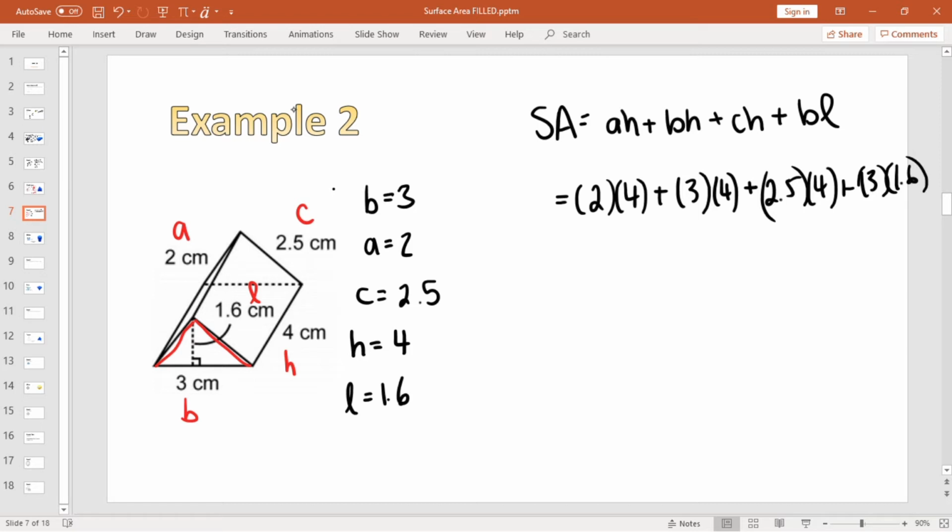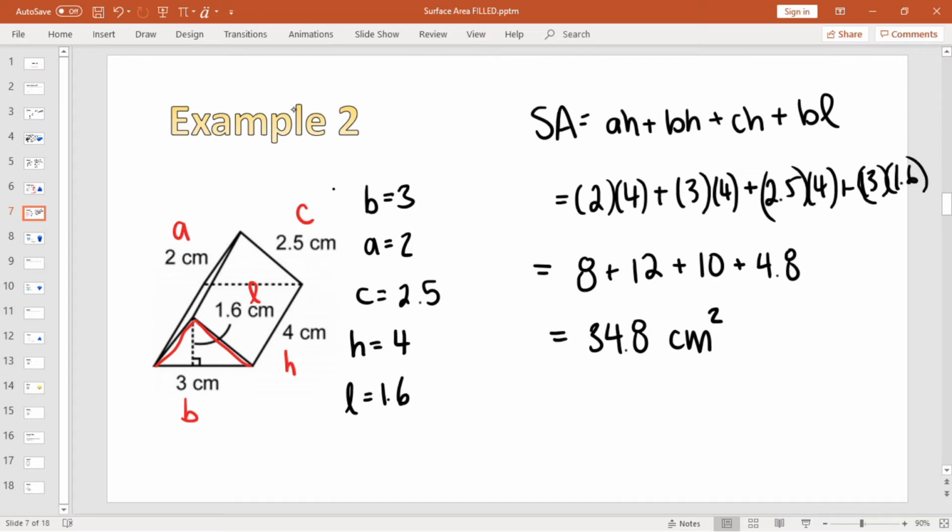Running right off the page there. Okay, a little messy. 2 times 4 is 8, 3 times 4 is 12, 2.5 times 4 is 10, and 3 times 1.6 should give me 4.8. Add those 4 numbers together, 34.8. Started with centimeters, finish up with centimeters squared.